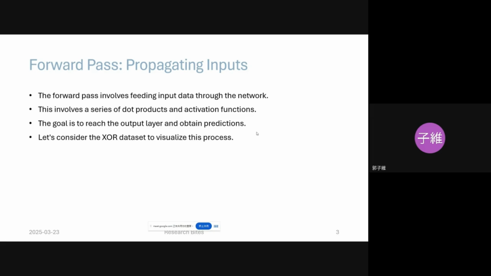The forward pass involves feeding input data, as we mentioned, and this step involves a series of dot products and activation functions. The goal is to reach the output layer to obtain predictions.